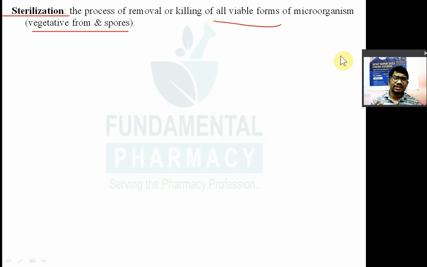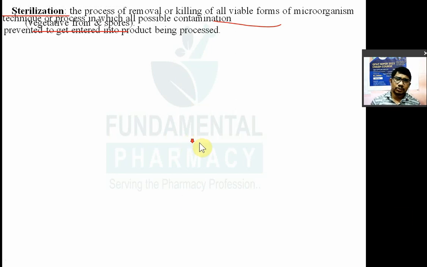So that's why sterilization is very important, to ensure the absence of organisms, because they cause disease. Sterilization is nothing but the process of removal or killing of all viable forms of organism, including their vegetative form and spores.